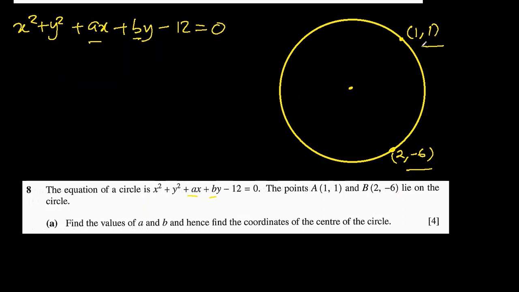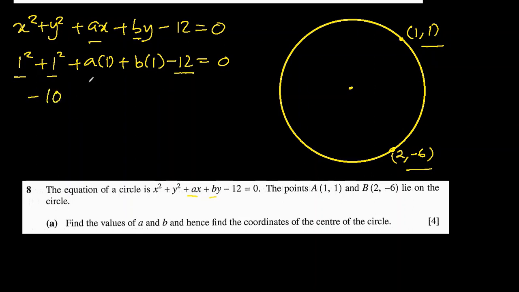So let's substitute (1, 1). 1 squared plus 1 squared plus a times 1 plus b times 1 minus 12 equals 0. 1 plus 1 is 2. 2 minus 12 is minus 10, plus a plus b equals 0. So it gives us a plus b equals 10. This is equation number 1.